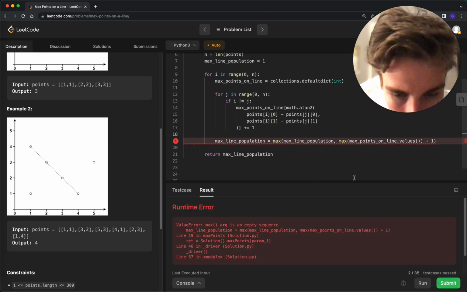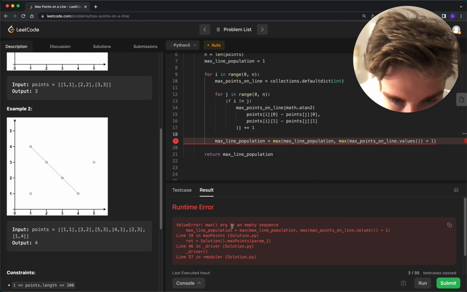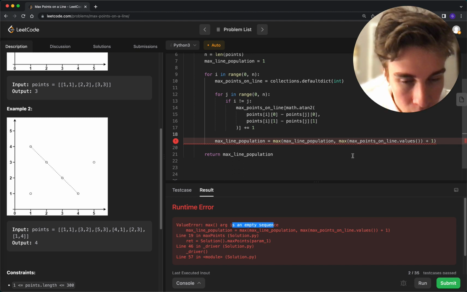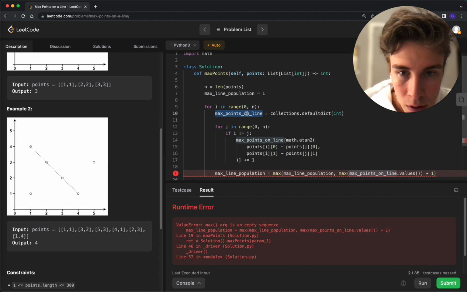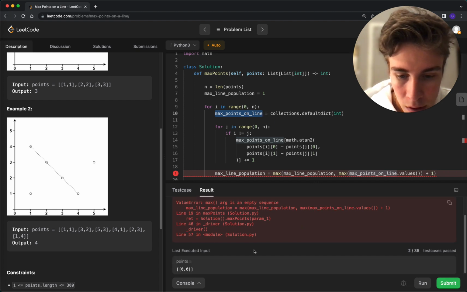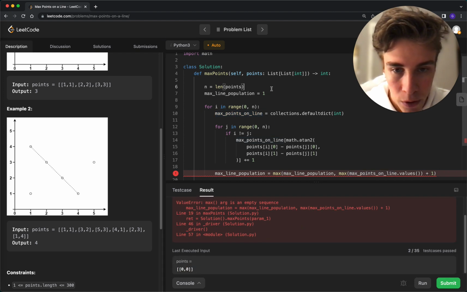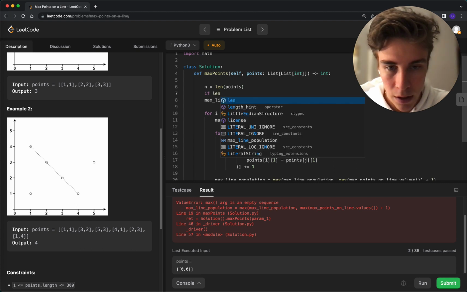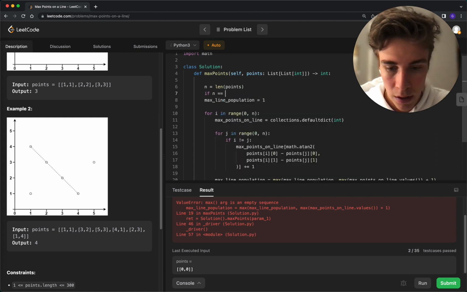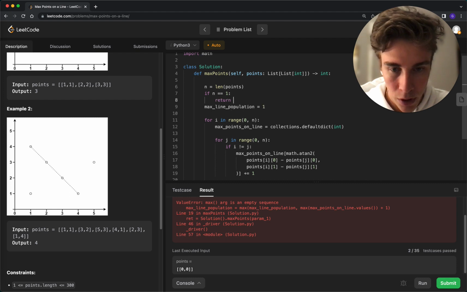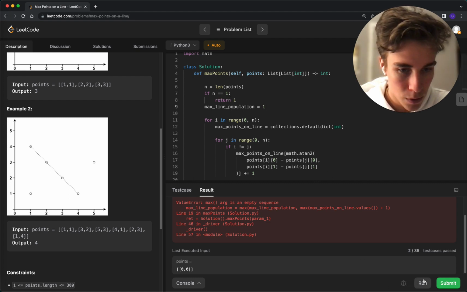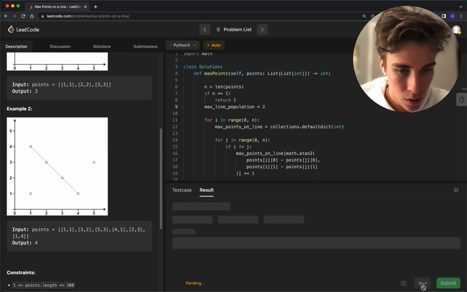So, well, it's an empty sequence. Max with an empty sequence, because it's a one pointer. So if n is equal to 1, return 1. That should be fine. Let's do 2.